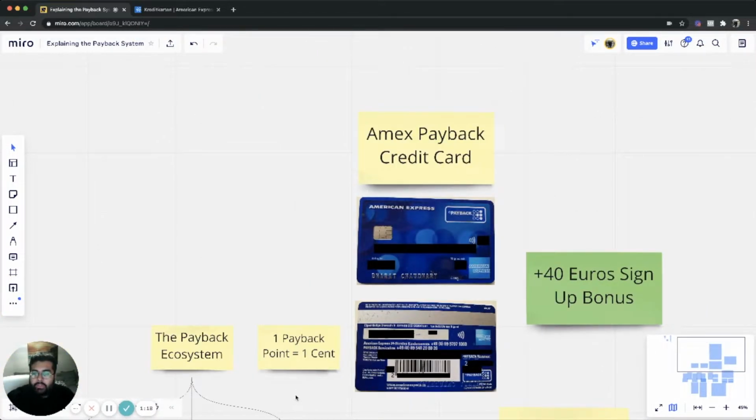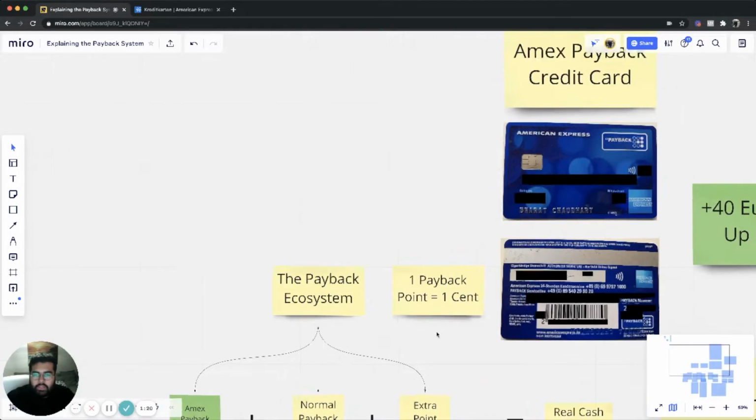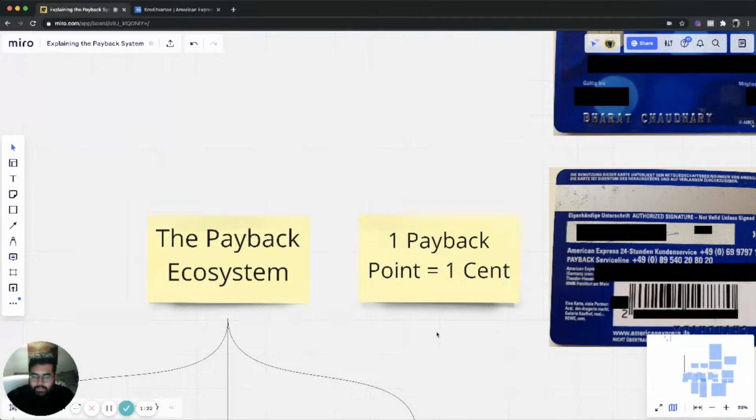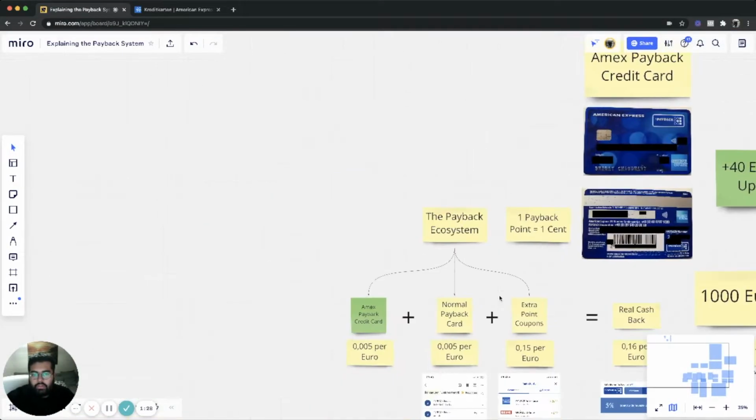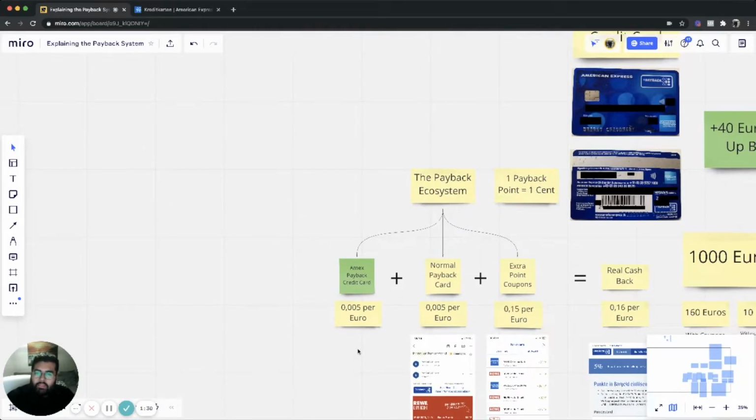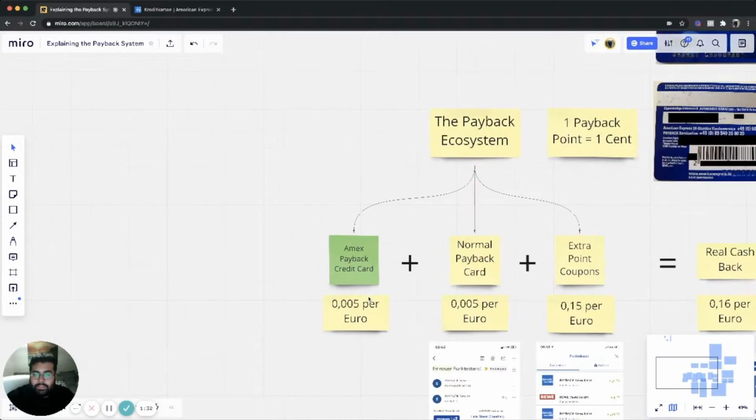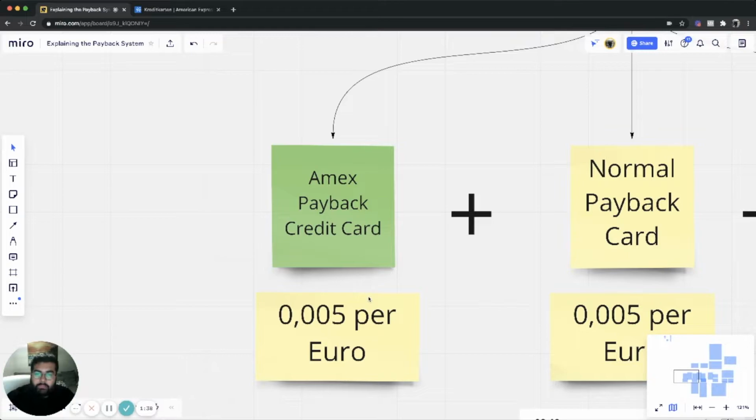Now, how many points do you get? What is a point? One Payback point is 1 cent. So every single time, this is the equation you can use. Now, how are the points, or the cents, calculated? When you're paying with your American Express Payback card, you're essentially getting 0.5 cents per euro.